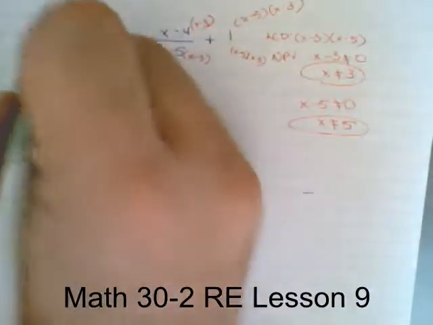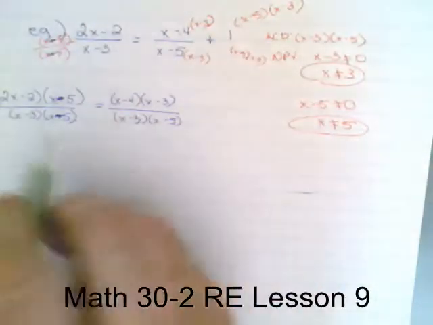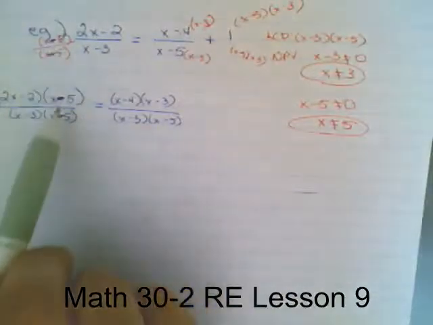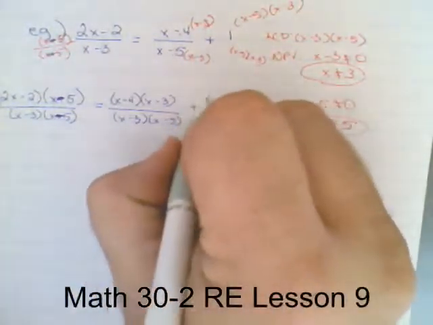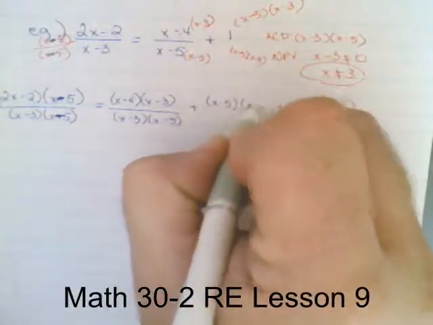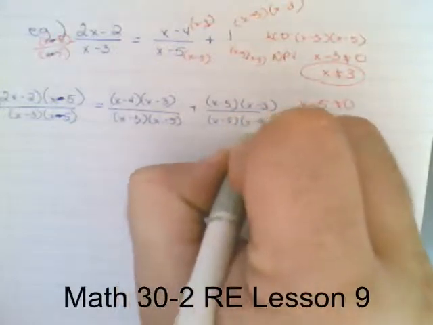That's a minus, that's a minus, this is a minus. I apologize, I'm writing something wrong, so these are minuses. And I'm going to end up with x minus 5, x minus 3 all over my common denominator.